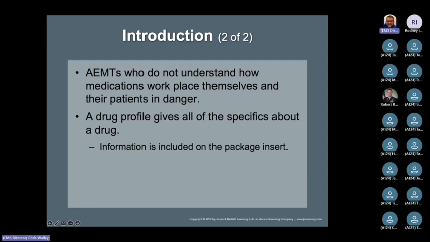All right, so also listed in your various pharmaceutical publications is that profile, and we need to make sure that you start to familiarize yourself with the drug profiles that you are expected to administer during your time as an advanced EMT. So knowing the ins and outs and the who, what, when, where, and why of the medicine that's in your bag is very, very important.